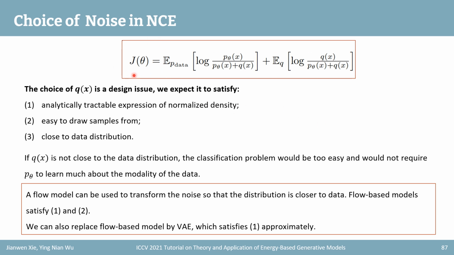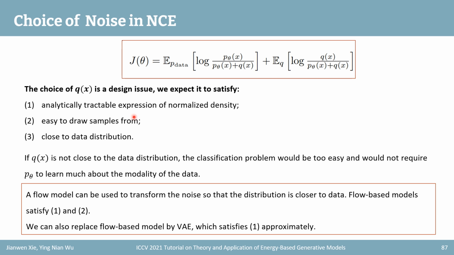The choice of this Q, as I mentioned, is first it should be very simple and have an analytically tractable normalized form, and be easy to draw samples from, and hopefully it is close to the data distribution. So a flow-based model serves this purpose perfectly.